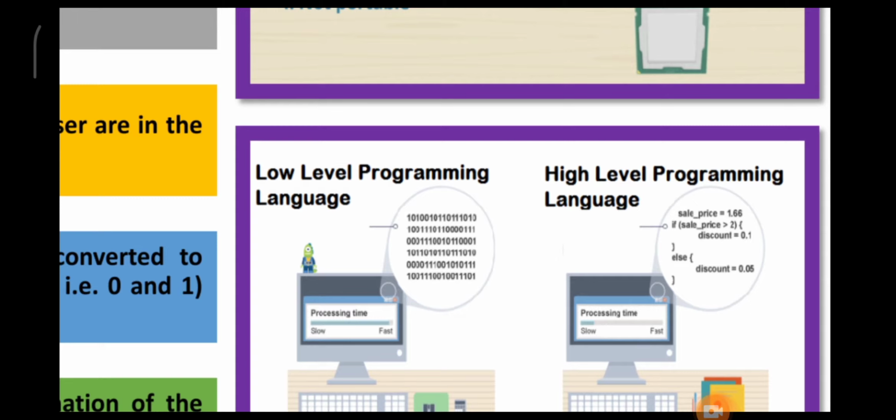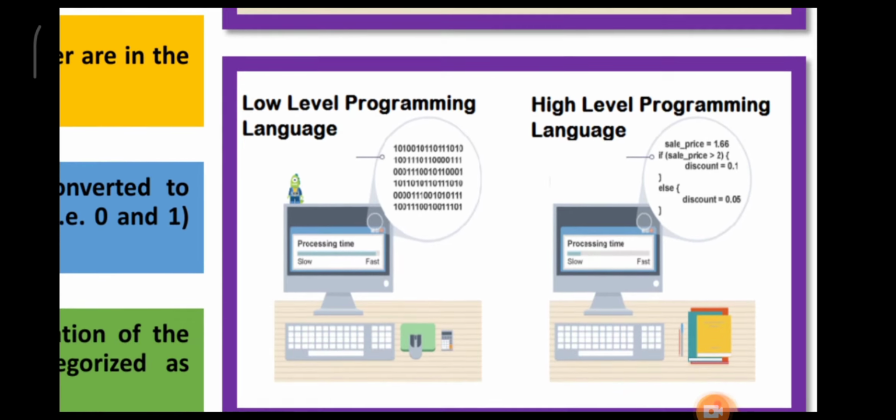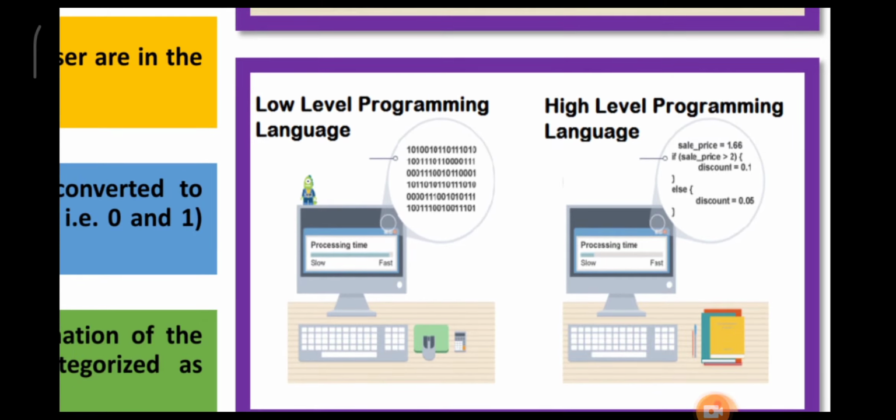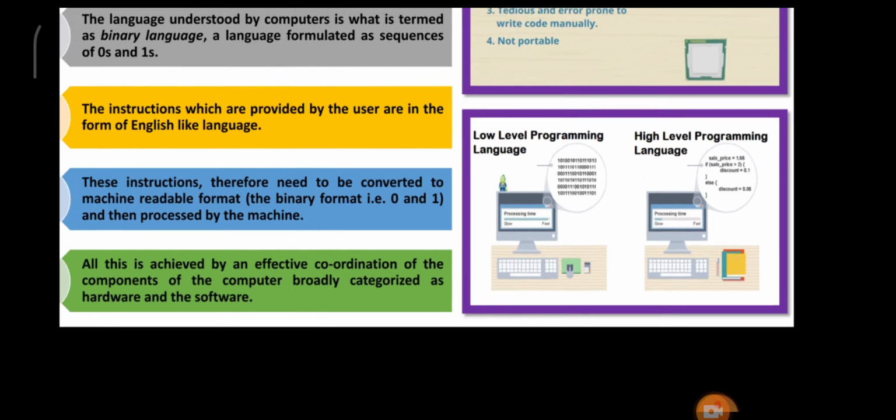In that, we are giving a 5% discount on a particular sale. Now that is written in English, which a human can understand. But look at the left hand side. The computer will understand only machine language, which is in the form of 0 or 1. And hope this is clear to you.